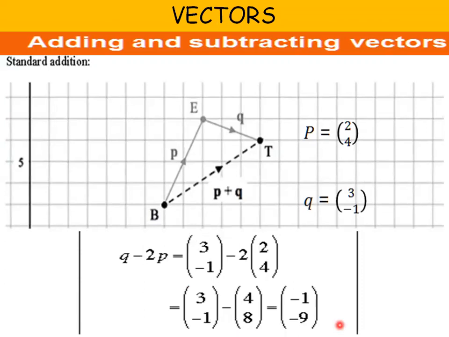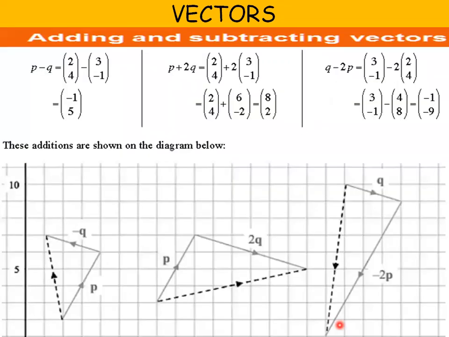In like manner, we can have the vector q minus 2p calculated, and that will give us minus 1, 9. All of these vectors for which we have found the resultants, p minus q, p plus 2q, and q minus 2p, we can represent all of them on the grid paper or on the Cartesian plane.